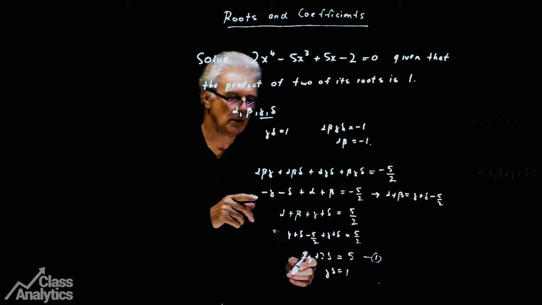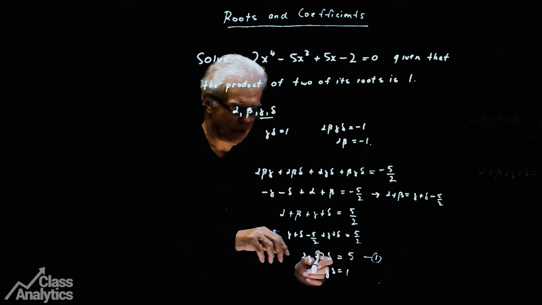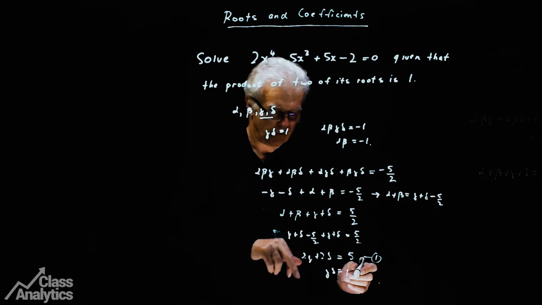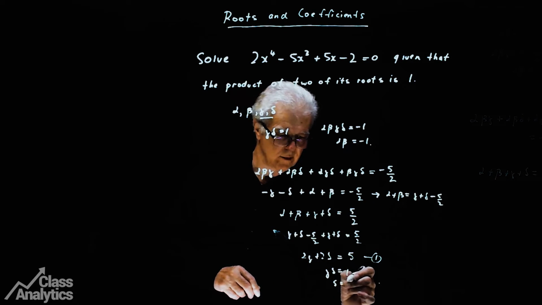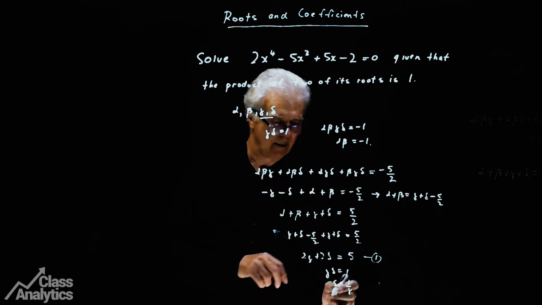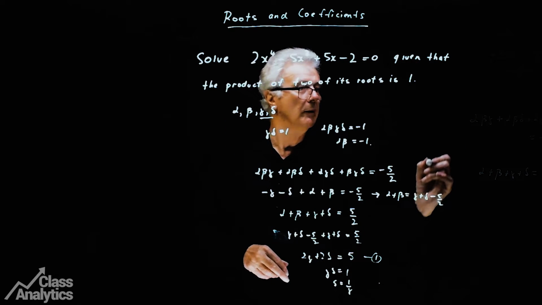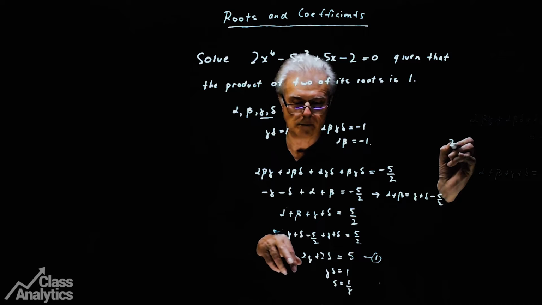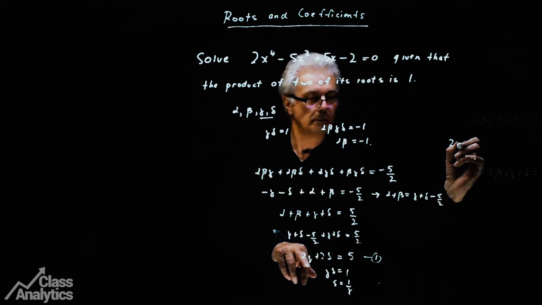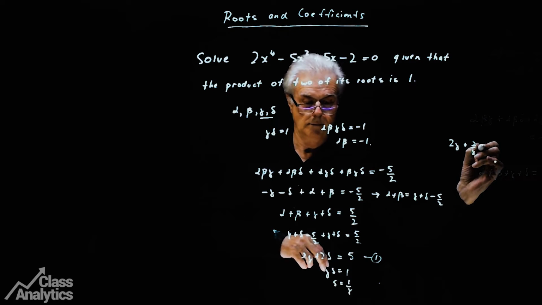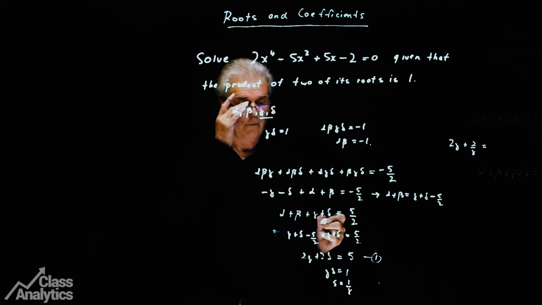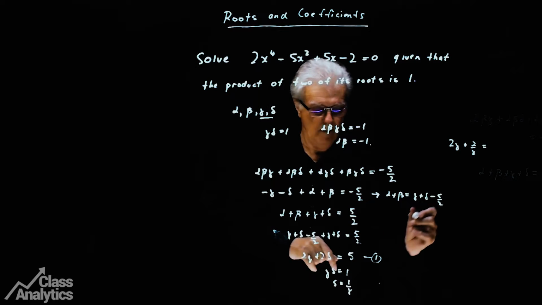So now we're in a position to solve this. What I'm going to do is let delta equal, it doesn't matter which one you take, 1 on gamma, and I'll replace it in here. So now I'm going to get 2 gamma plus 2 on gamma is equal to 5.